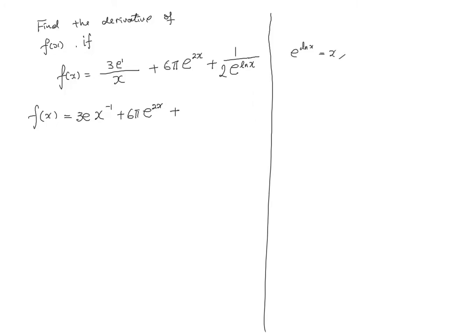So this one will become 1 over 2 times 1 over x, correct? So I rewrite everything. So then I can start to differentiate.